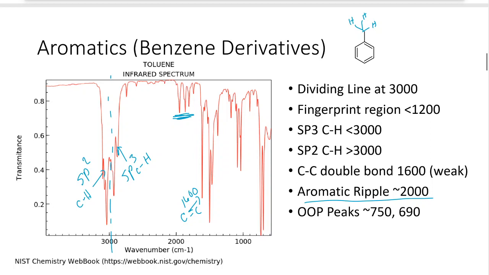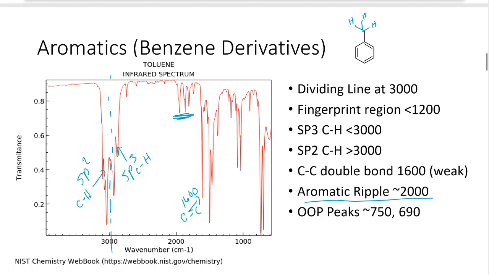So another thing that you can sometimes pick out on an aromatic compound are what are called out-of-plane bending peaks, which result from the hydrogens bending out of the plane of the molecule, out of the plane of the aromatic ring. Now you often can't see these because they are in the fingerprint region.